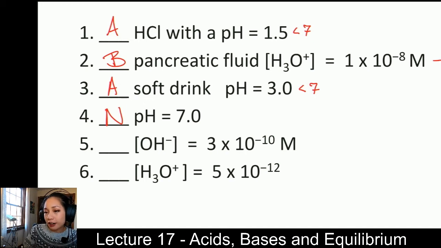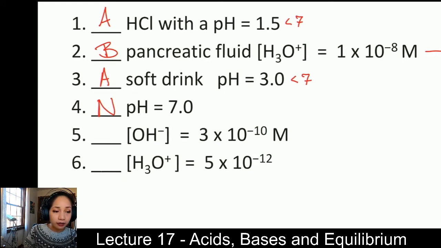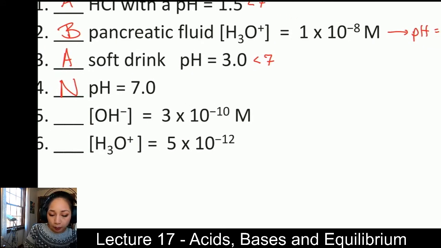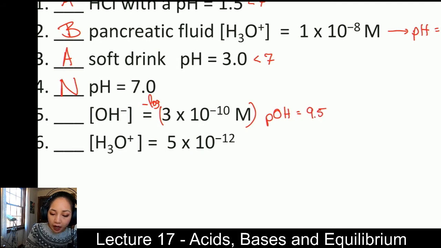Now this one's different. This has a hydroxide concentration of 3 times 10 to the negative 10. So we can calculate the pOH here. If you take the negative log of 3 times 10 to the negative 10, this gives you a pOH of 9.5.